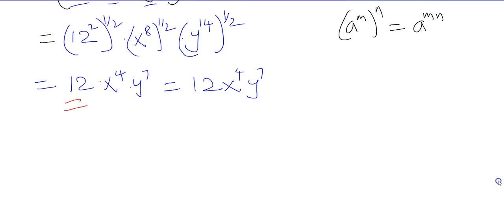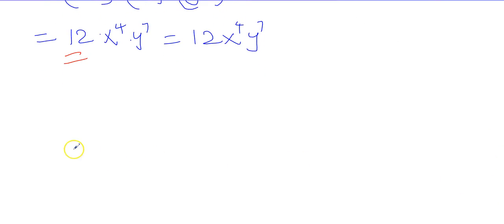But when the problem is complicated a little bit, suppose you have the square root of 75 x to the 5th power, how do you do this?